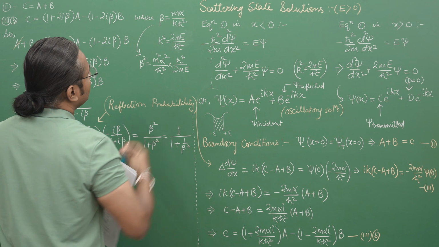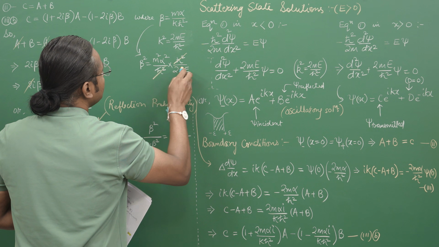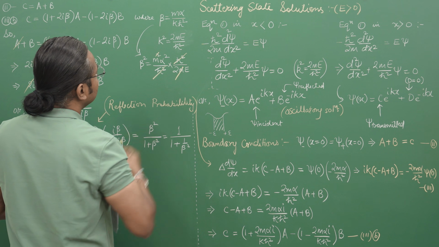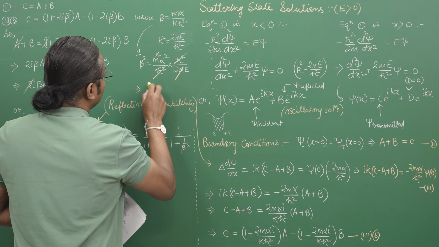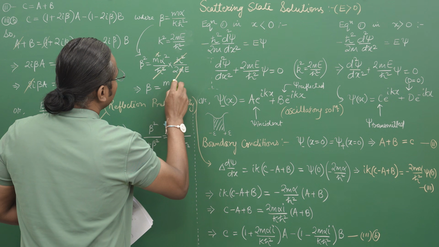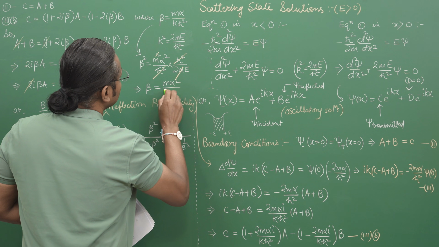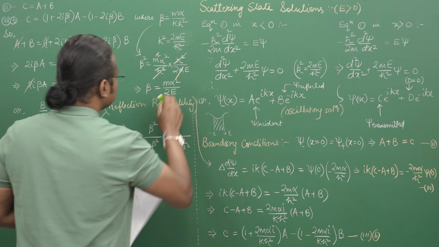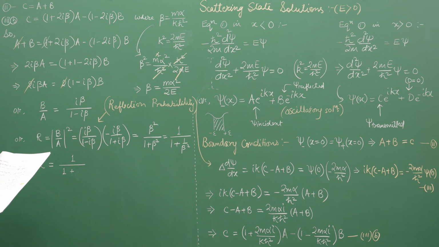So therefore h cross square gets cancelled, m gets cancelled, and beta square is nothing but m alpha square upon 2e, is that correct? M alpha square upon 2e.